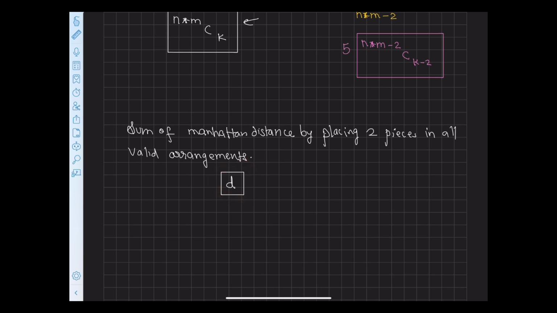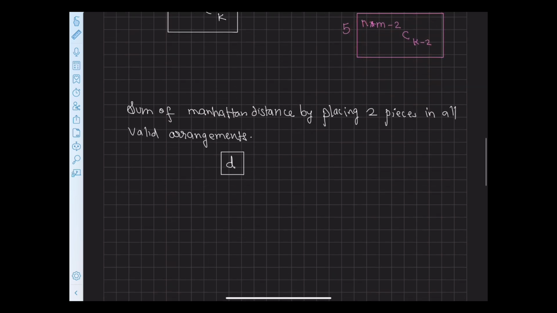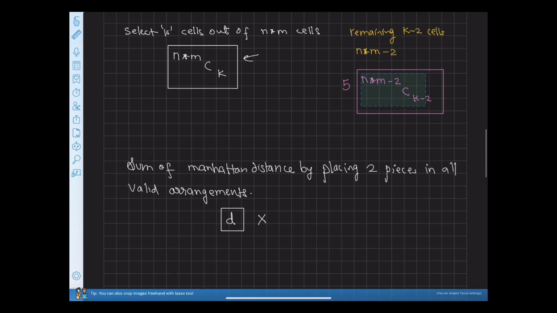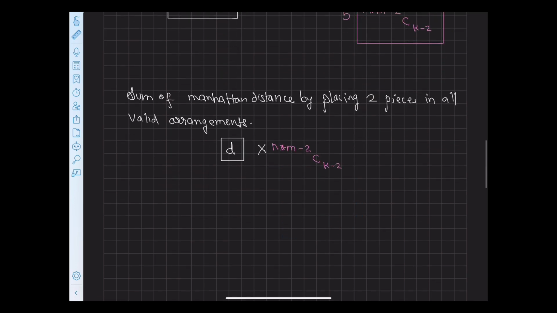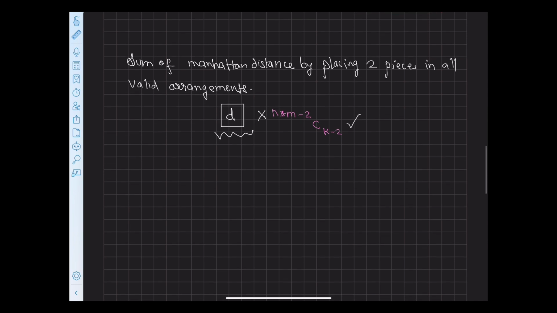That is our target. Since every one of these pairs is repeated this many times, we will simply multiply that answer with this. So our final answer is going to be d multiplied with this. Okay, so this is our goal. So we have kind of simplified our problem. Now we have to focus on finding out the d, right?